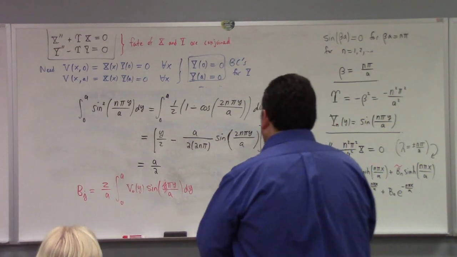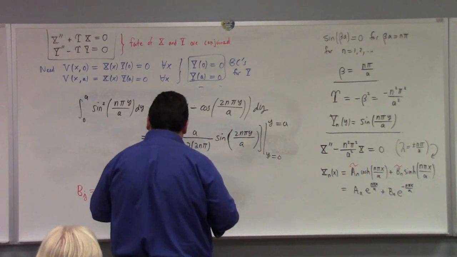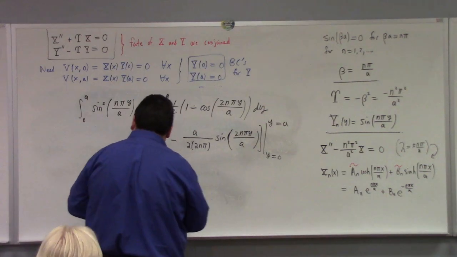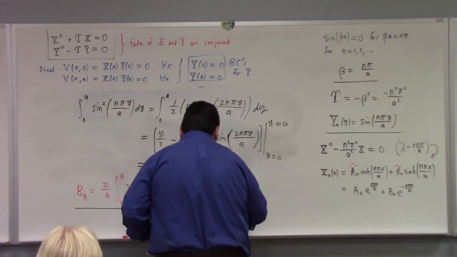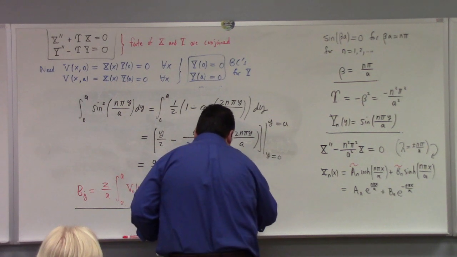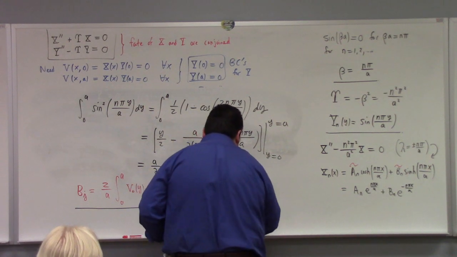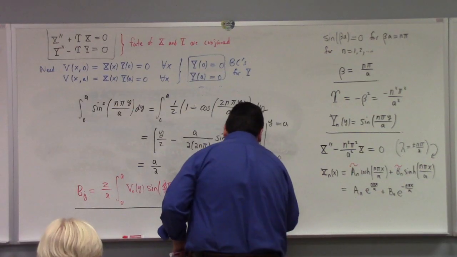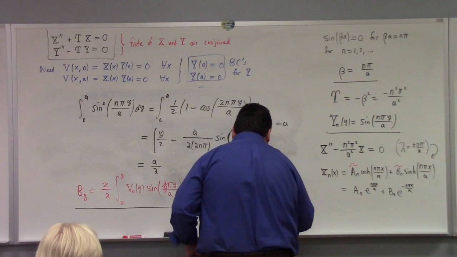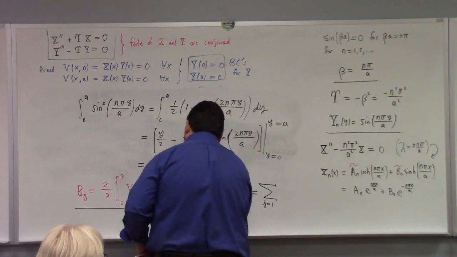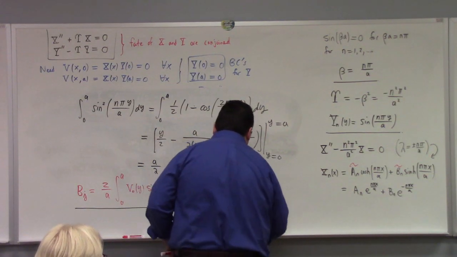So then if we put that in, the voltage at x, y, z, I'll put the z back in now, is the sum. You can use j, but I'm going to use n.